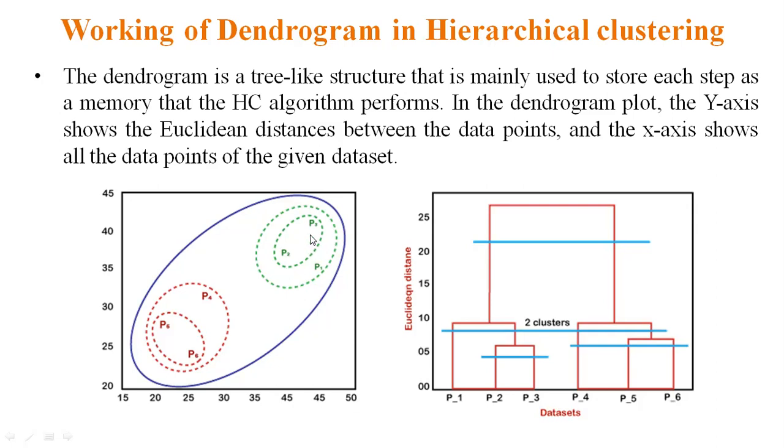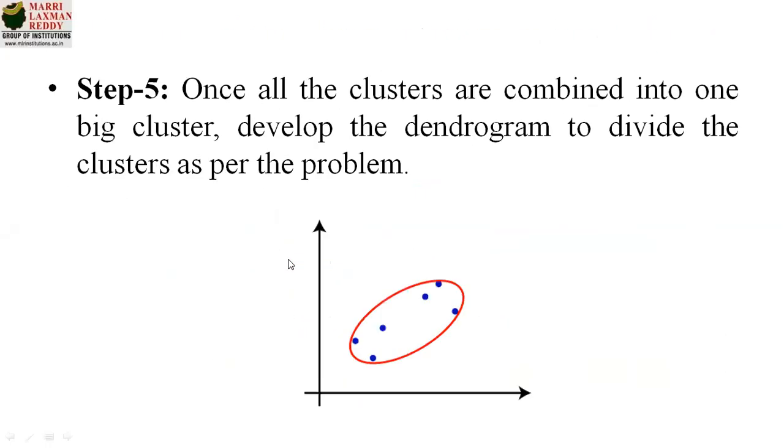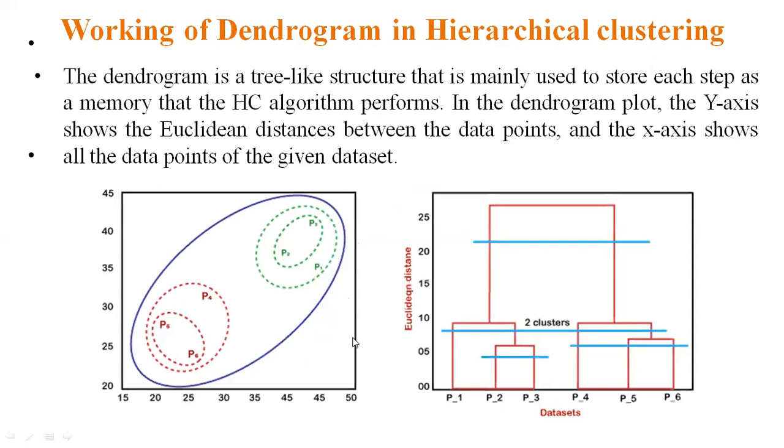Here you can see we have taken the values with names like P1, P2 and P3. By looking at this graph, we are going to determine the number of clusters to obtain. These points P1, P2, P3 are taken into one cluster and P4, P5, P6 into cluster 2. This is the observation.